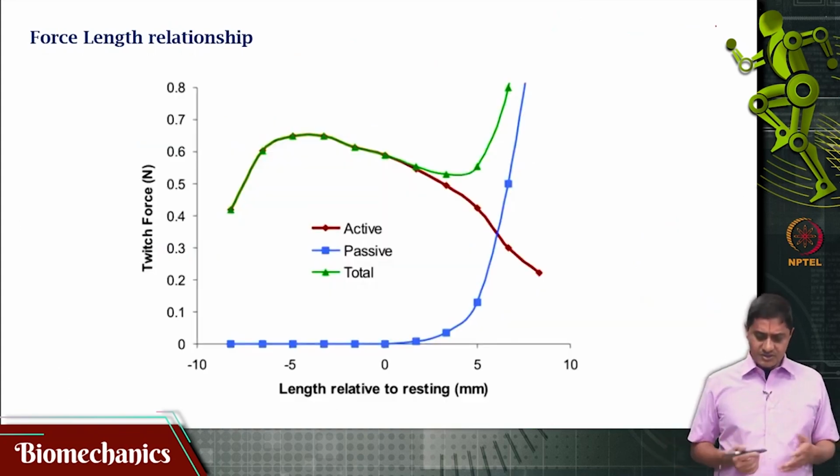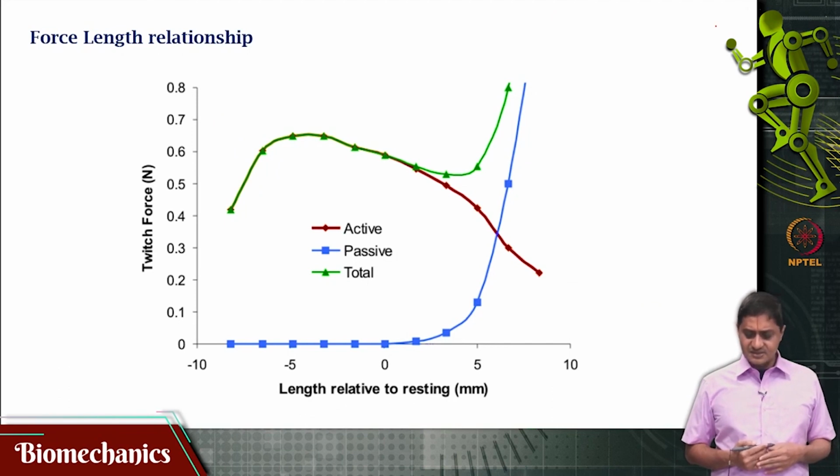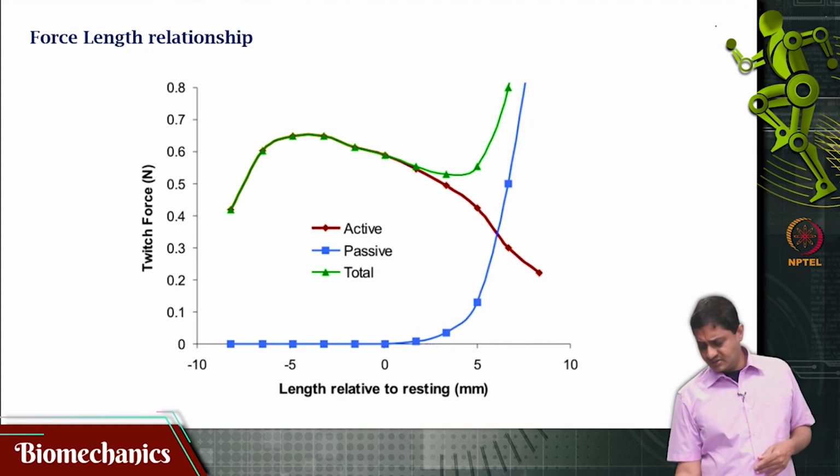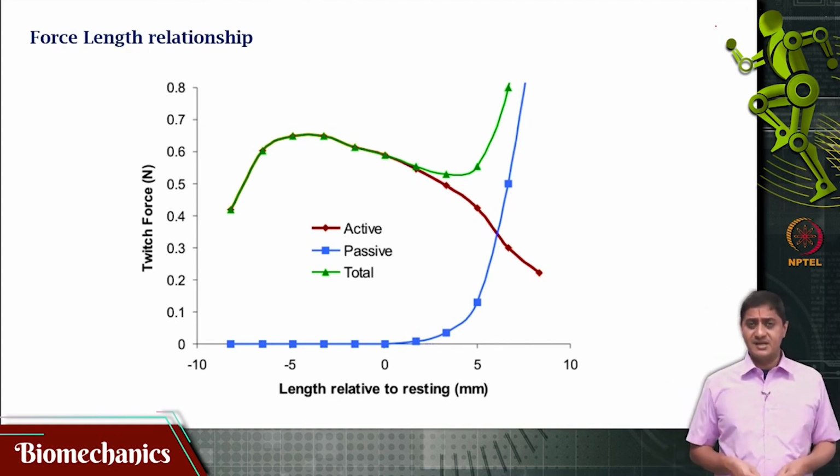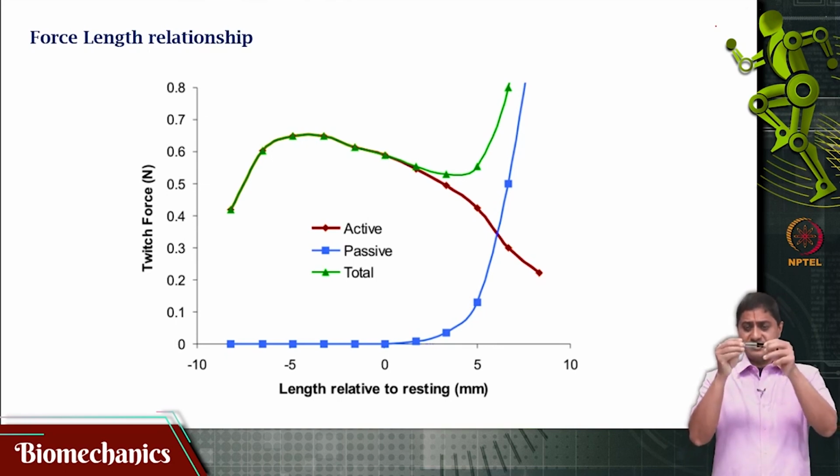But then what you also have is the passive property of the muscle. Note that the muscle also has elastic materials like this rubber band. I am stretching this rubber band, and when I am stretching, I am applying a force.